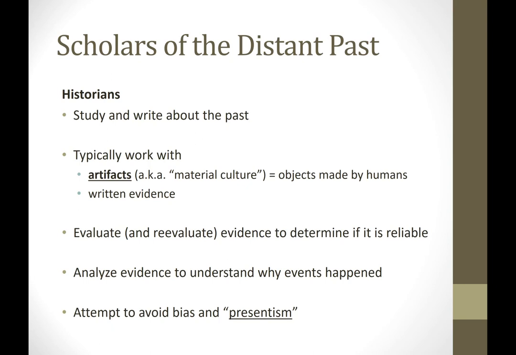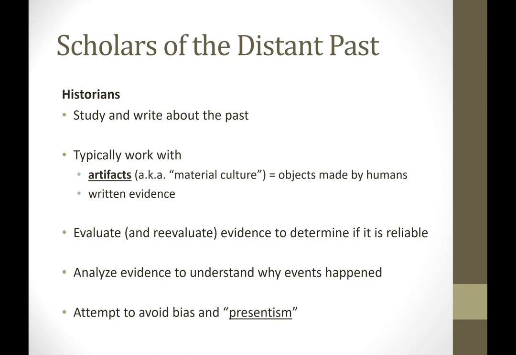And this can be harder to avoid, because it's very difficult for us sometimes to remove ourselves from the assumptions that we have about the world around us now, and then look back at the ancient world with a clean slate and none of these preconceived notions.